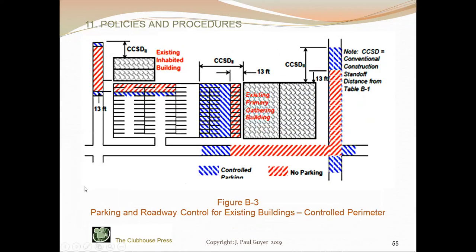And now figure B3, parking and roadway control for existing buildings with a controlled perimeter. And you can review this at your leisure.